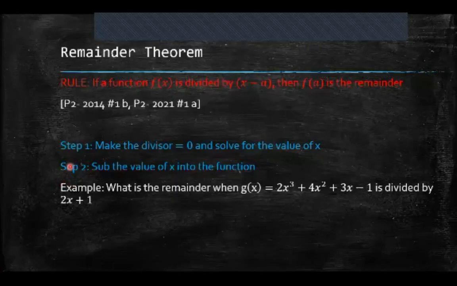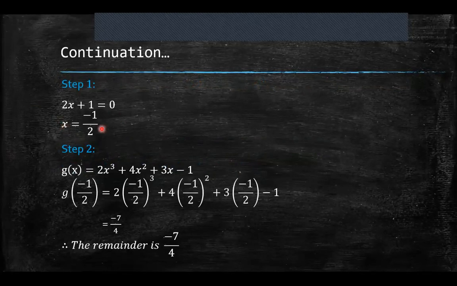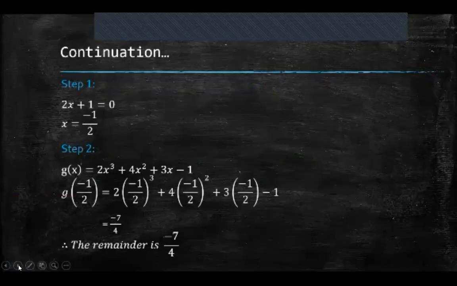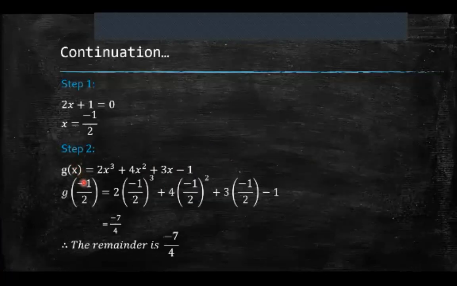If I solve for x, x is going to be minus a half. What's the next step? Oh gosh, I forgot the t. Anyway, next step, sub, which means substitute the value of x into the function. Since we know that g of x is 2x cubed plus 4x squared plus 3x minus 1, if I replace x with minus a half, I get g of minus a half equals 2 times minus a half cubed plus 4 times minus a half squared plus 3 times minus a half minus 1.